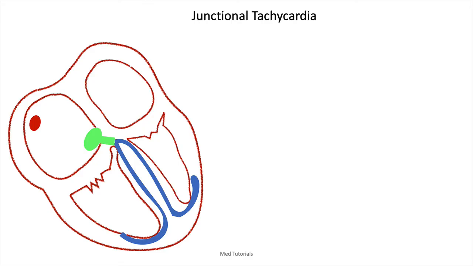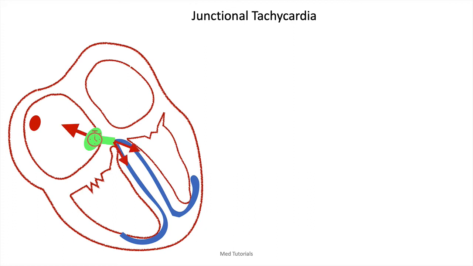Now there is another tachycardia which originates at the AV junction, and it's different from AVNRT. Now what happens in junctional rhythms? There's a term called junctional rhythm where the AV node takes over as the pacemaker of the heart, away from the SA node.